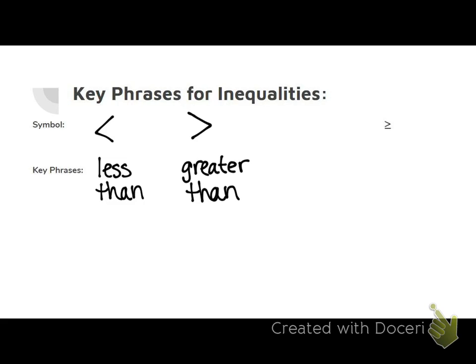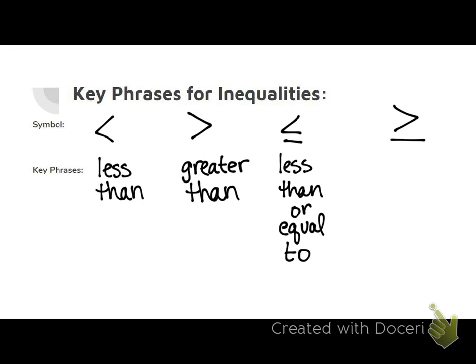Next up is similar to the first one, but it's got a bar underneath it. Good. Less than or equal to. And as you might be able to guess, the last one, greater than or equal to.